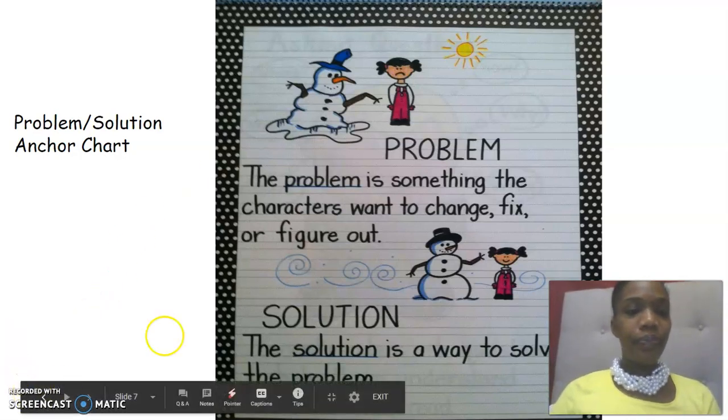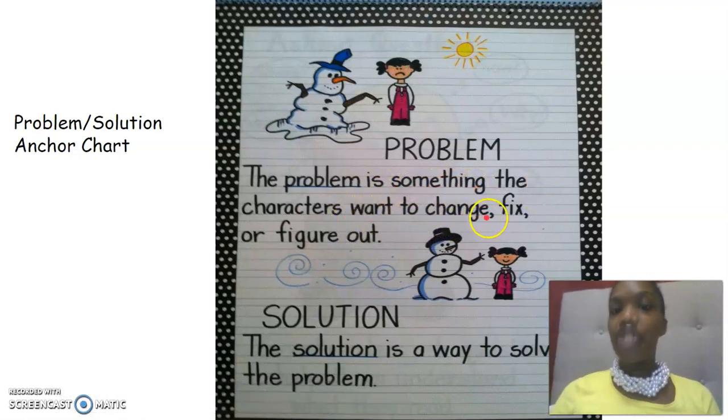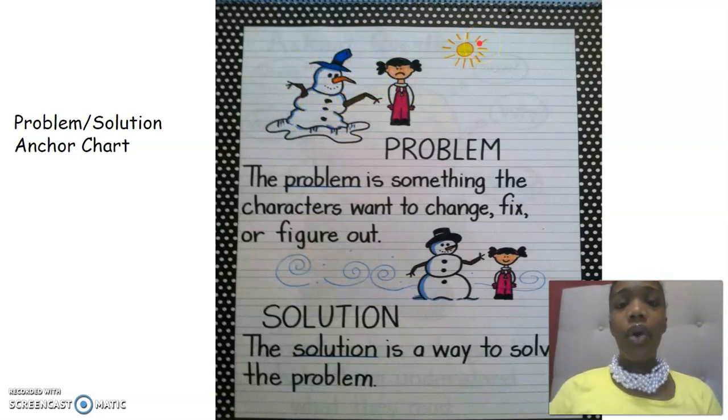The problem is something the characters want to change, fix, or figure out, right? So this little girl here, she's noticing that the snowman is melting due to the sun. She's like, oh no, he's going to melt away. I don't want him to go away, so I need to figure out what to do to change this problem.